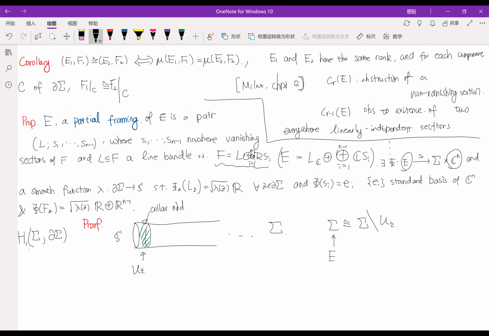That is, E restricted to sigma 1 has a trivialization into sigma 1 times Cn, because H^2 will vanish.